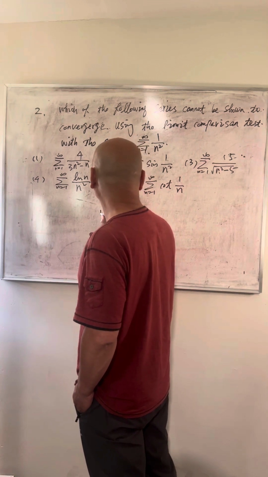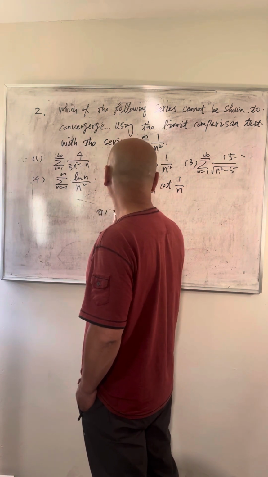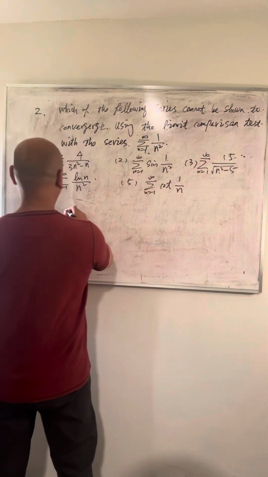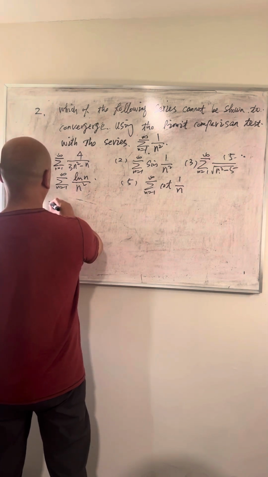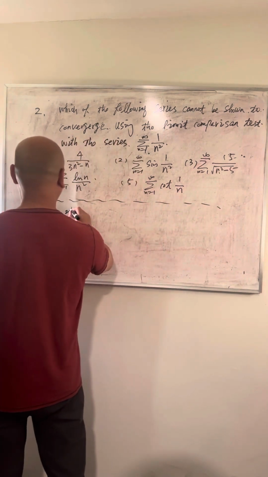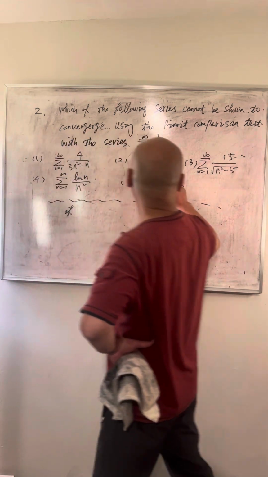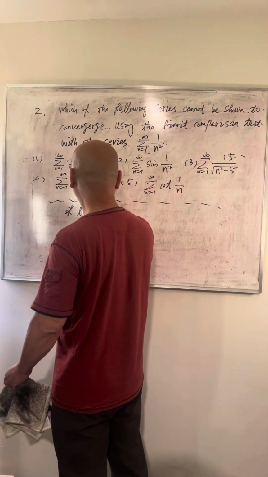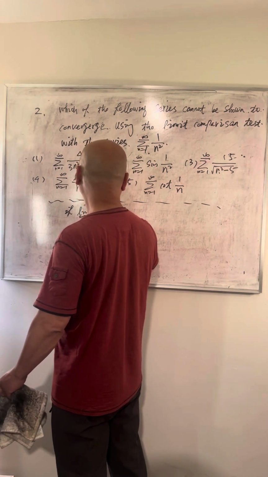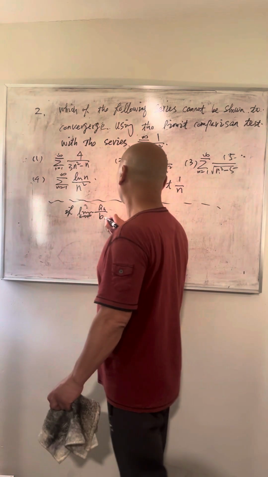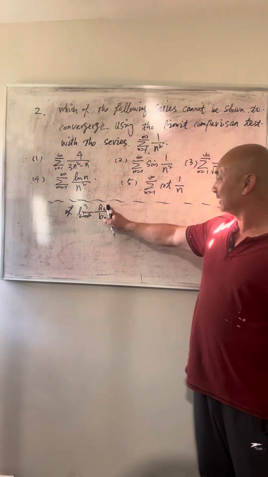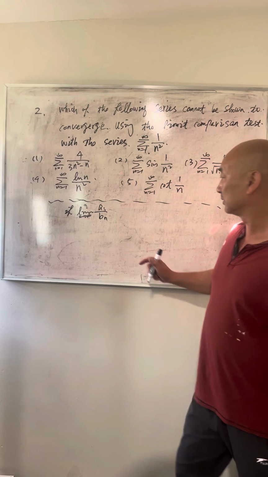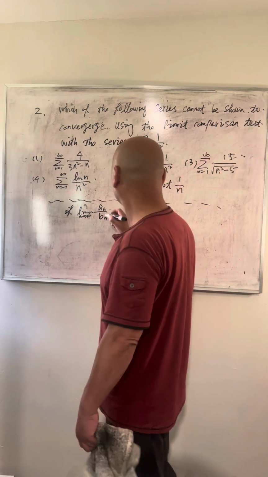This rule shows that if, remember, A_n and B_n are positive series, positive terms, right?